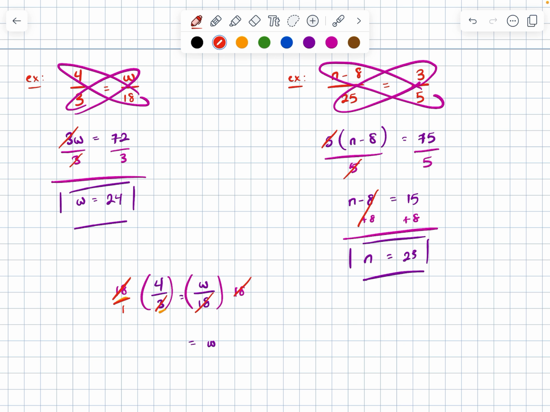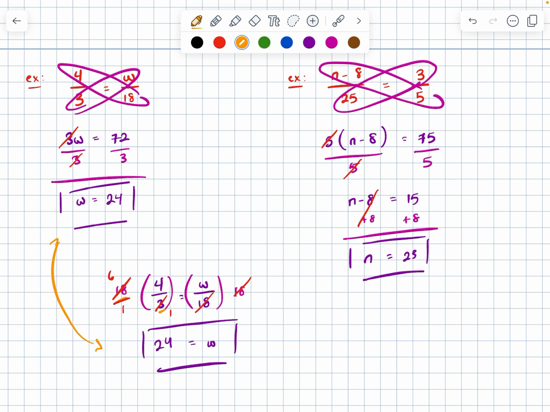If I really want to, I could write this as something over 1. 18 over 1 times 4 over 3. I could cancel out my common factor of 3. How many times does 3 go into 18? Well, that's 6. But it's really just like dividing the 18 by 3 to get 6. So I have now a 6 times a 4, which is a 24. Would you look at that? I'm right where I left off.